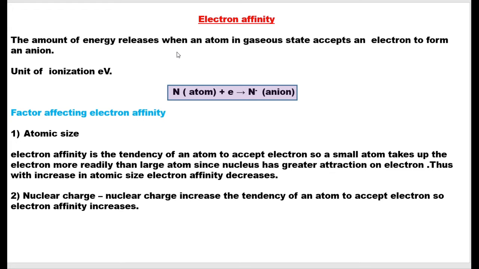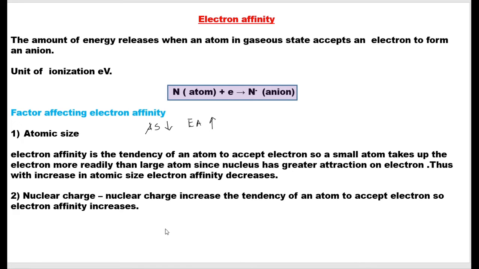Because in a smaller atom the nuclear attraction on the electron would increase because of the smaller size. The nuclear attraction is more, so it will accept more electrons, so the electron affinity increases. In brief, what we can say: atomic size decreases, a smaller atom, EA increases.